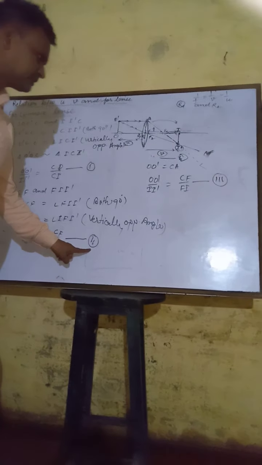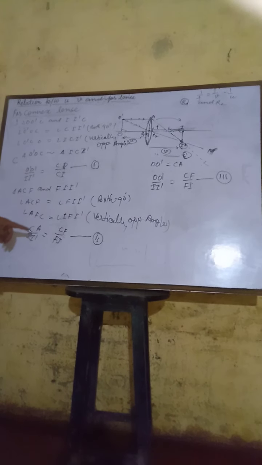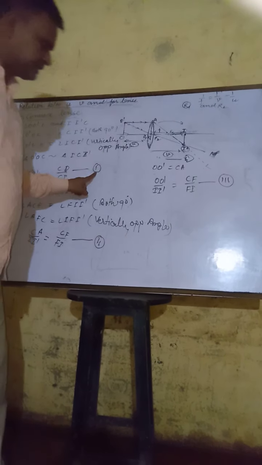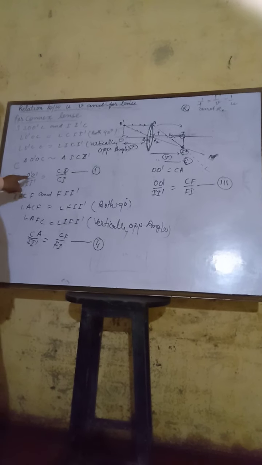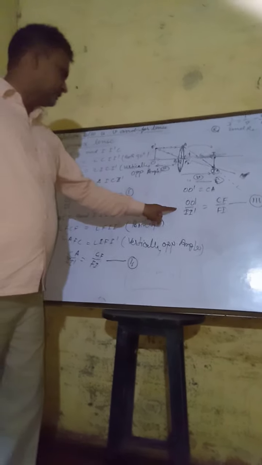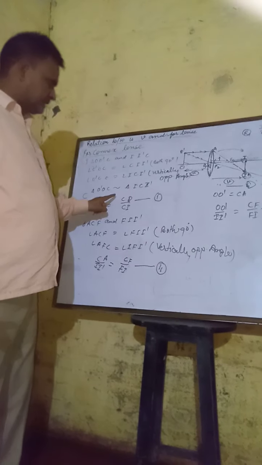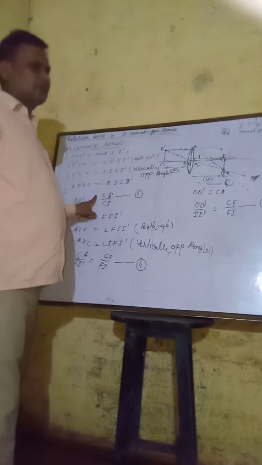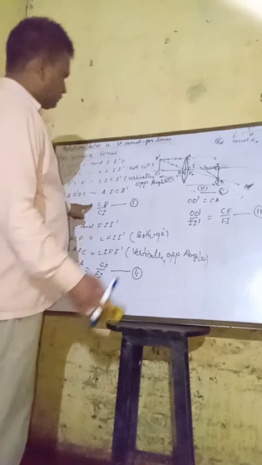From equation number 1 and equation number 3, you can see here the right hand sides of these equations are equal. That is why the left hand sides of these equations are also equal.